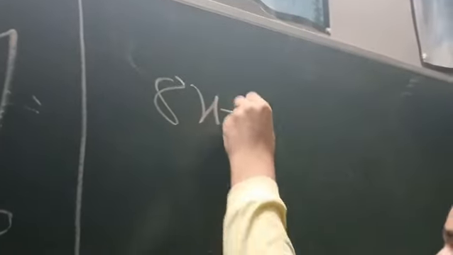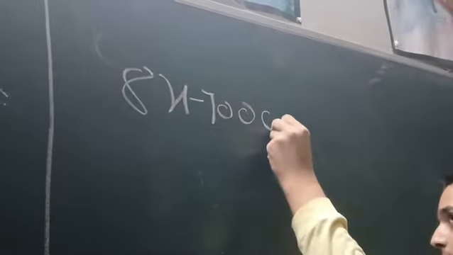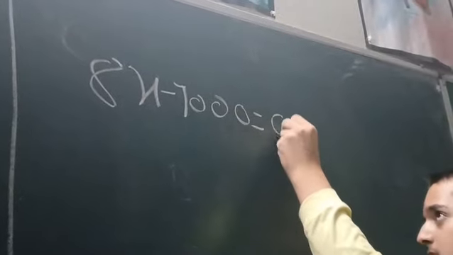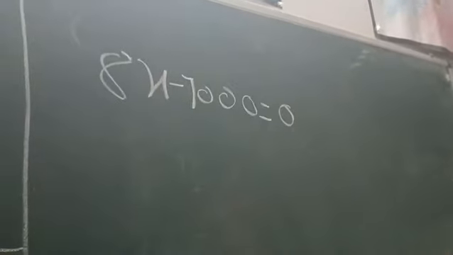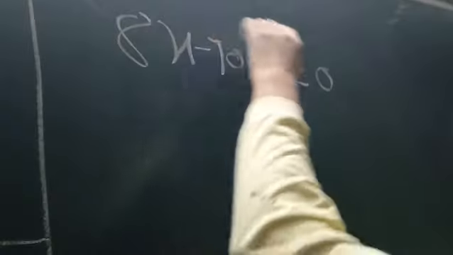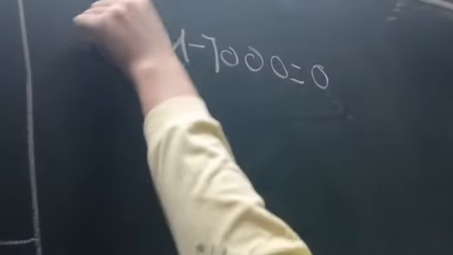So now this means that 8x minus 7000 is equal to 0. Now this is an equation. Now let us solve this equation.